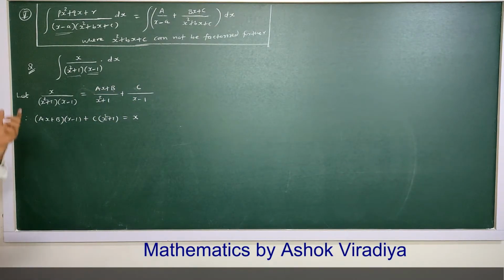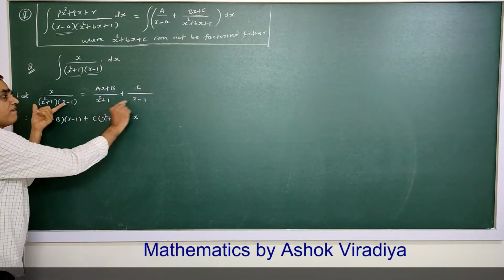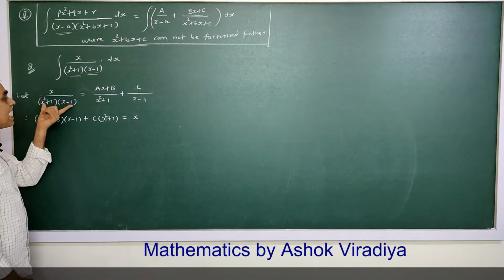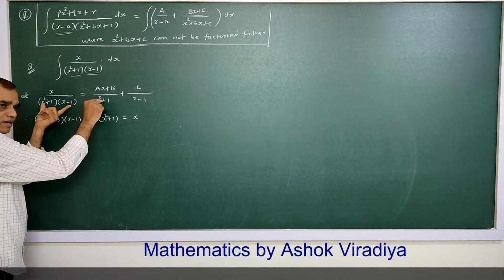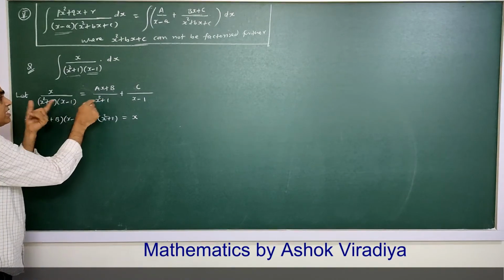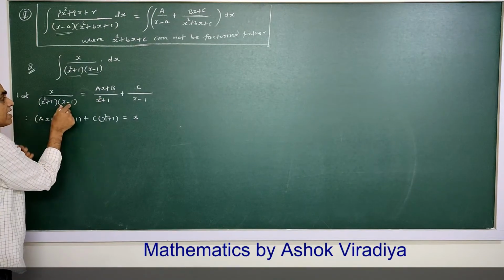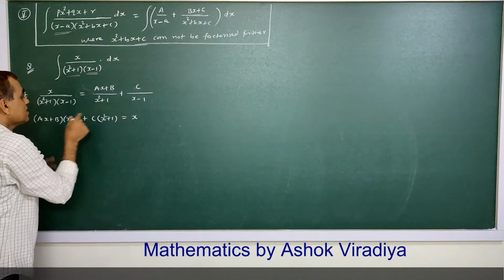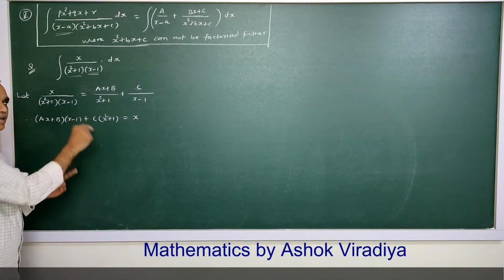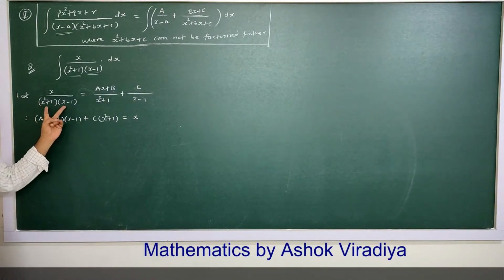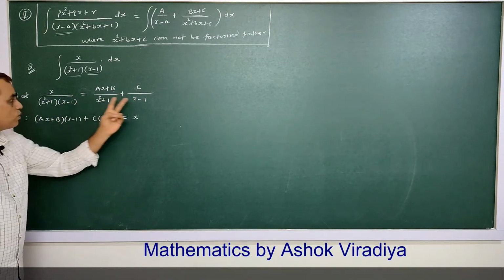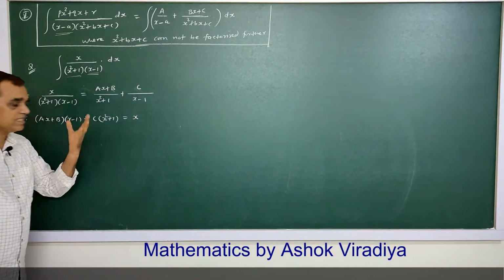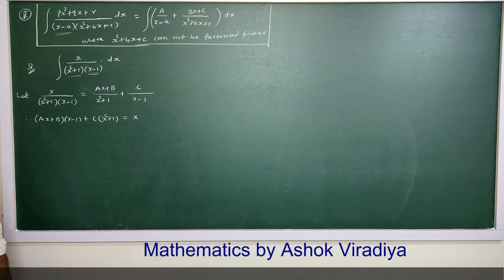In short, this is the LCM of these numbers. We divide the LCM by every denominator. Dividing this by x square plus 1, x minus 1 will be left, and it is multiplied with ax plus b. Then the LCM divided by x minus 1, whatever is left, is multiplied with c.